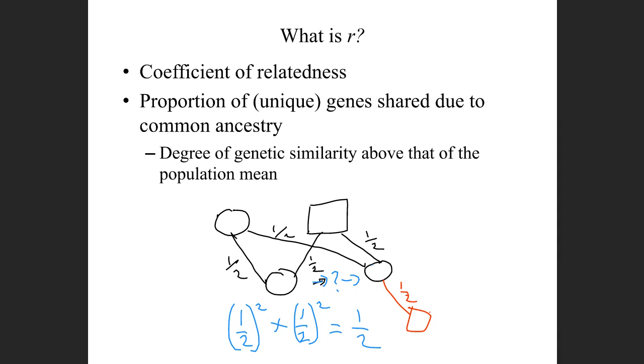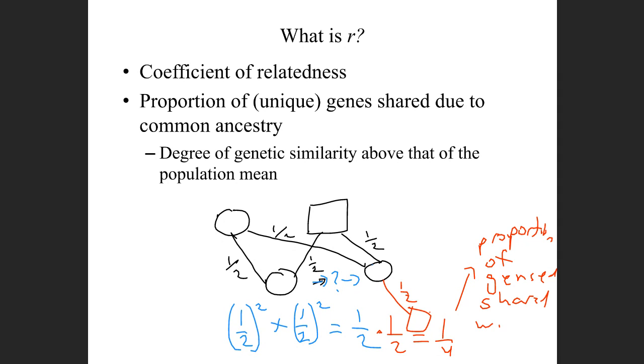So it's going to equal 1/2 times 1/2 equals 1/4, which is the proportion of genes shared with a nephew.